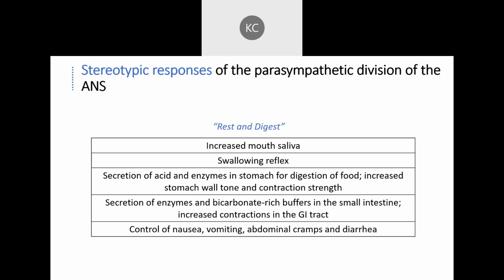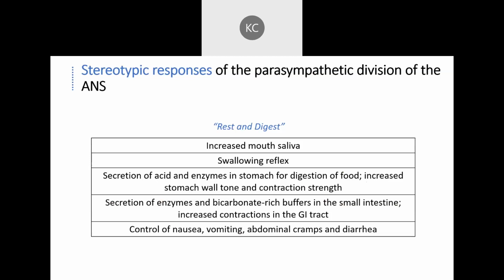And again, with this, think of the neurotransmitters that are being released. All parasympathetic neurons, preganglionic and postganglionic, secrete or release acetylcholine. And then again, depending if it's preganglionic versus postganglionic, you're going to bind to a different type of receptor, right? Nicotinic versus muscarinic, right?